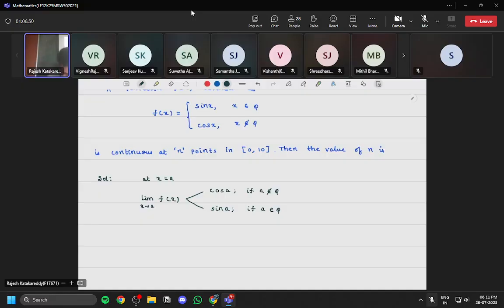Then I can say if y equals f of x is continuous at x equals a, then cos a must equal sin a.